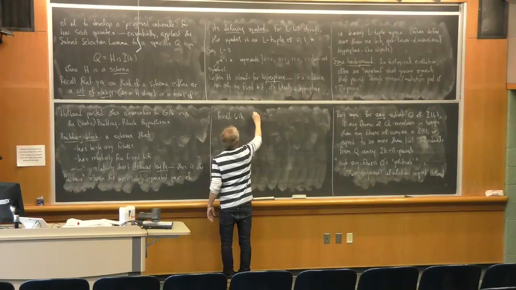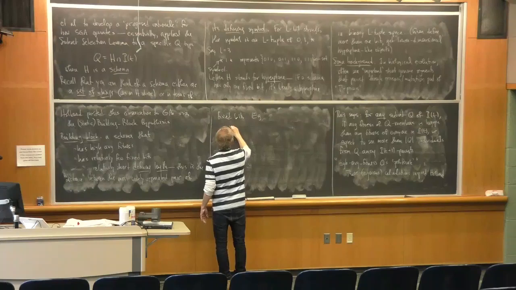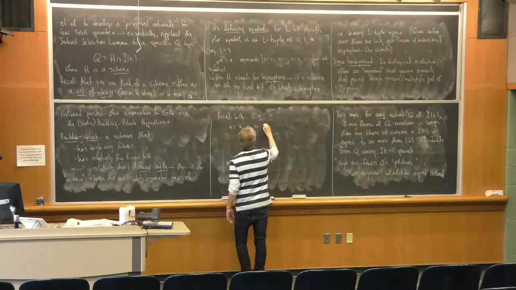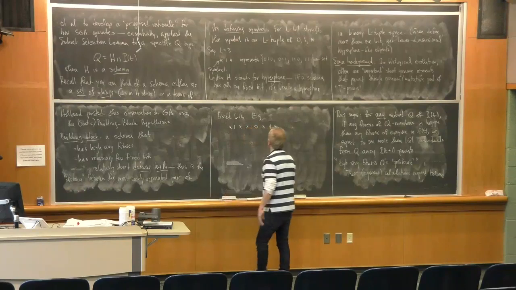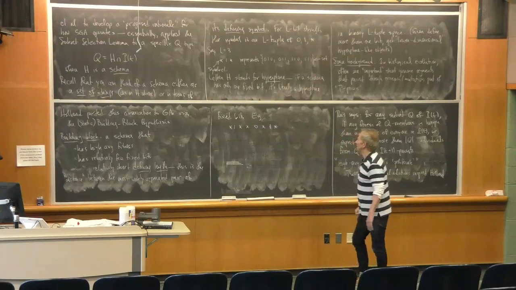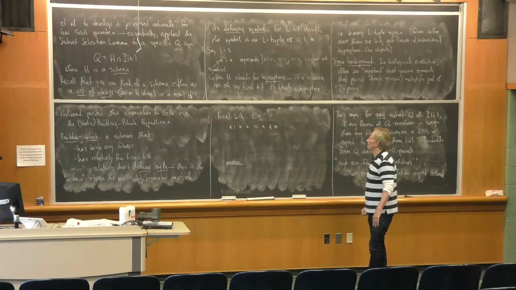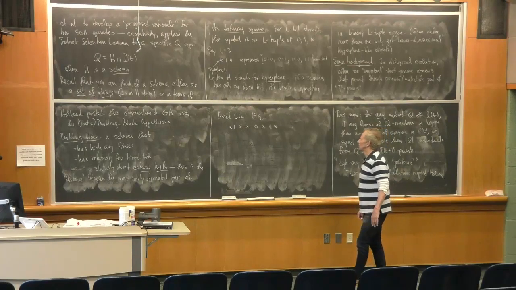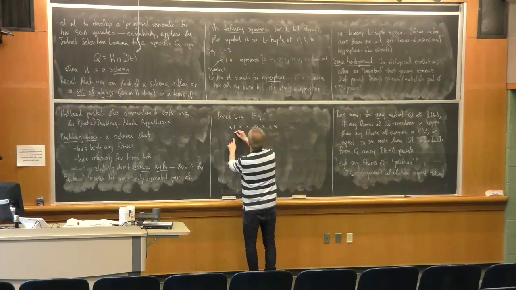So, for example, this schema, say star 1, star 0, star, let's make it an 8-bit thing. Okay, so that schema. All right, what is the defining length of that schema? It's the distance between here and here.